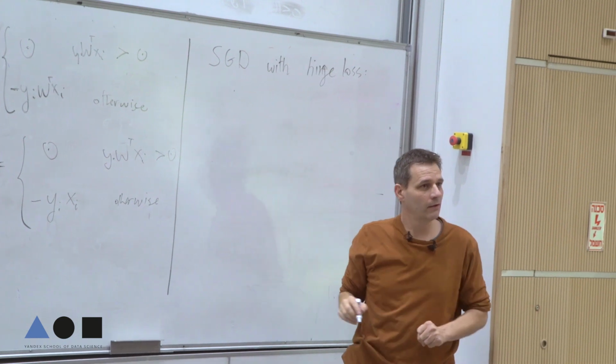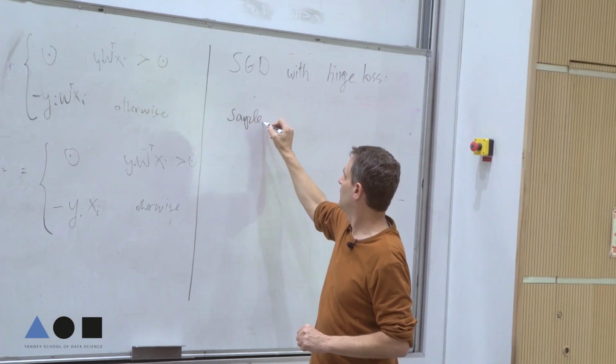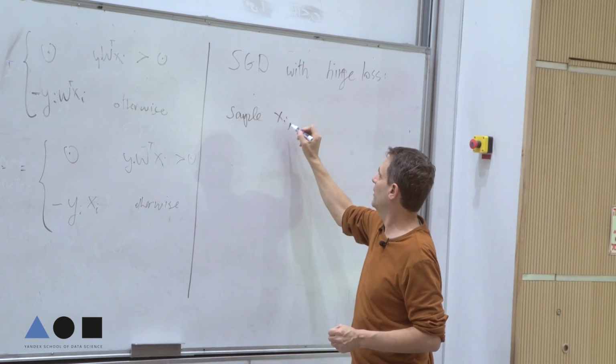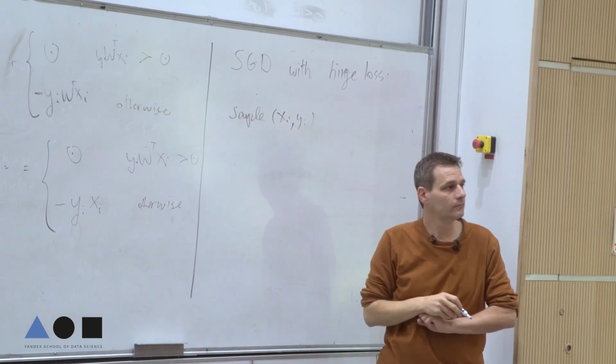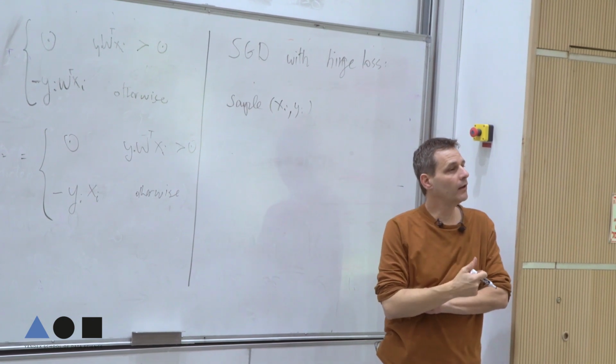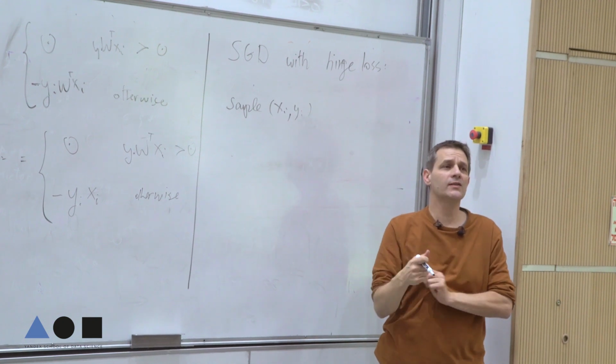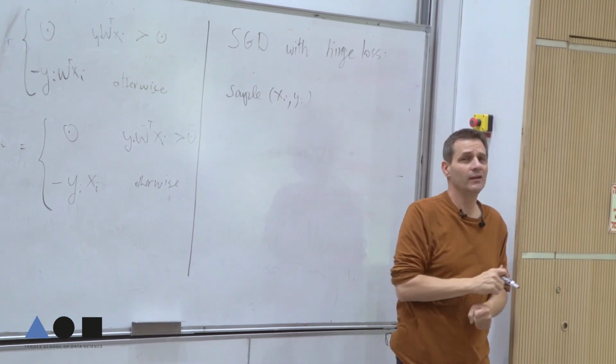So how does that work? You sample a pair xi, yi. And then you take a gradient step. Gradient step means you take a step in the opposite direction of the gradient.